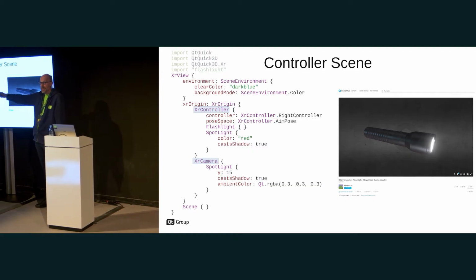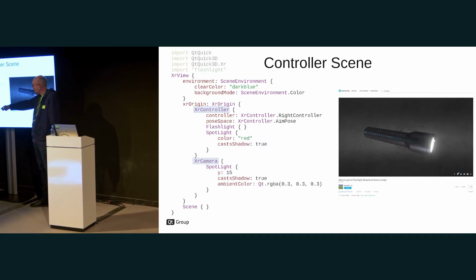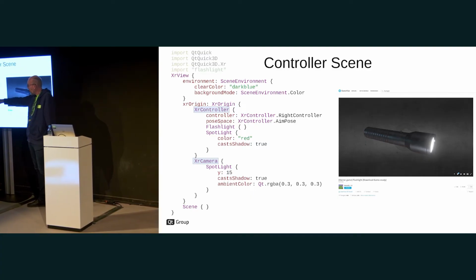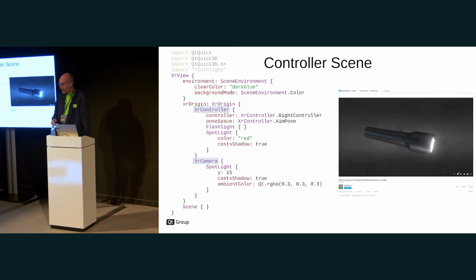We also position a spotlight. This is going to give the illusion that the flashlight is actually shining a light. And then, just because we can, we also add another spotlight 15 centimeters above the XR camera. This is going to look like I have a headlamp on my head, approximately 15 centimeters. Okay, maybe it's a helmet with a headlight on it like this.